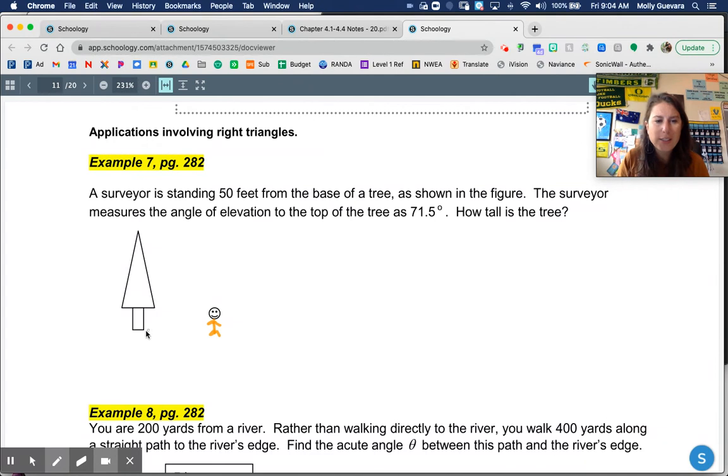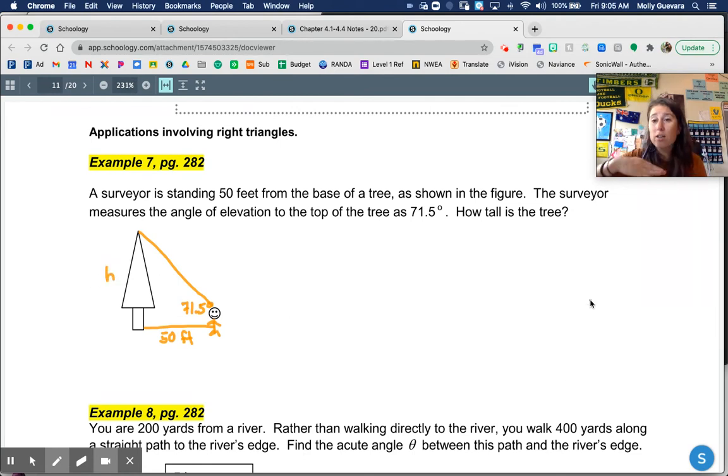There we go. So he's standing 50 feet away from the base. The surveyor measures the angle of elevation to the top of the tree. So this angle right here is 71.5 degrees. How tall is the tree?